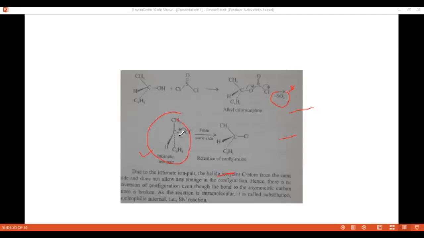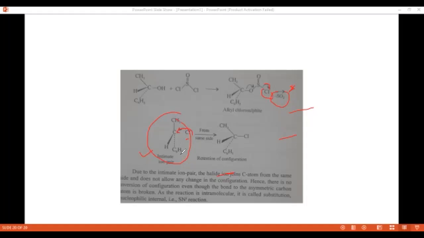The carbon carries a positive charge, and the chloride ion, the nucleophile, carries the negative charge and attacks the carbocation.